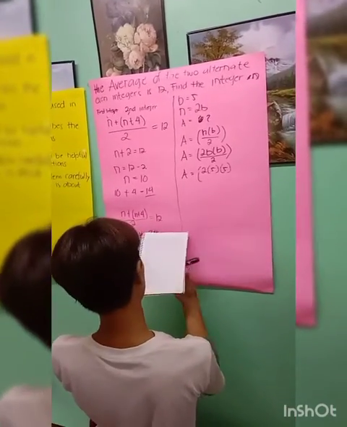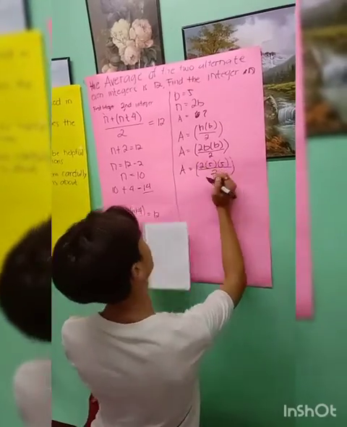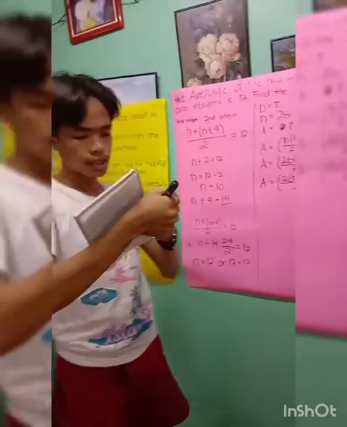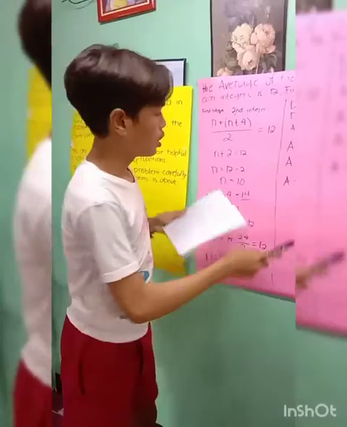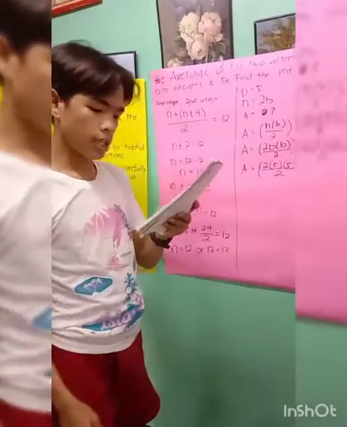So, the next is, 2 times 5 times 5 is equal to 50, divided by 2.